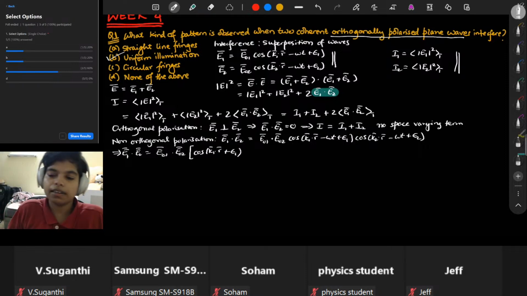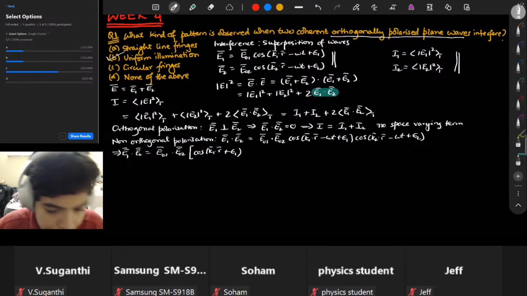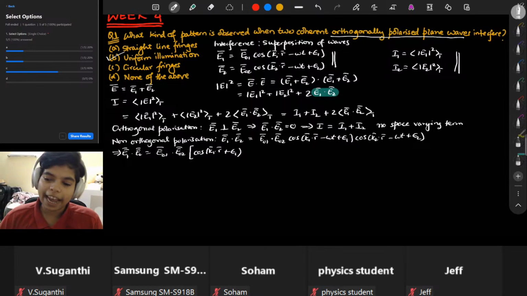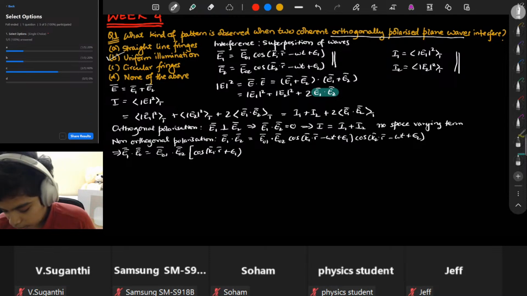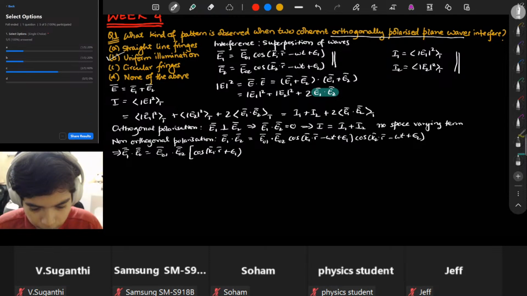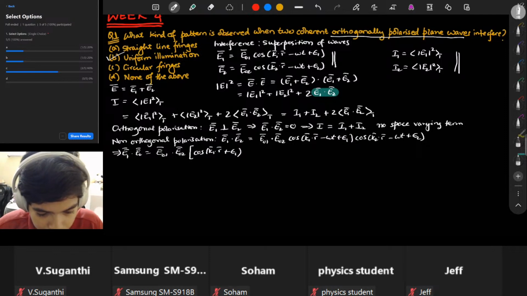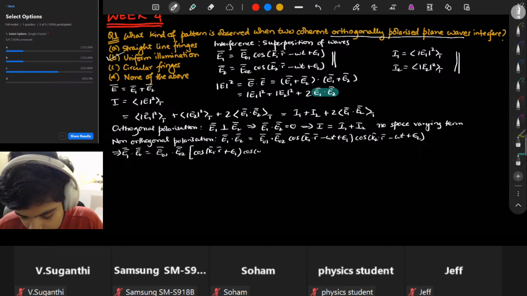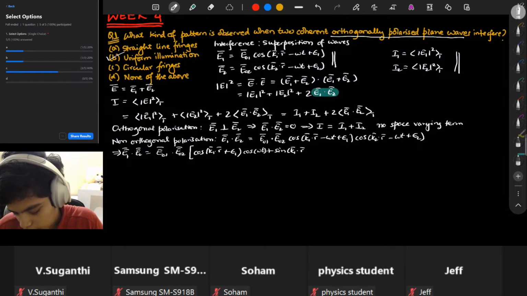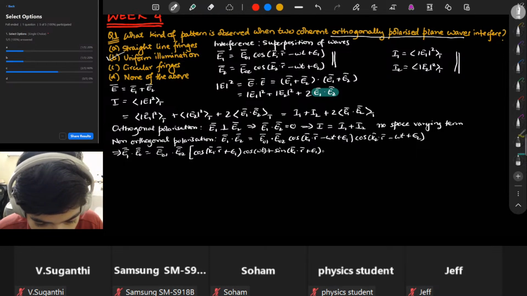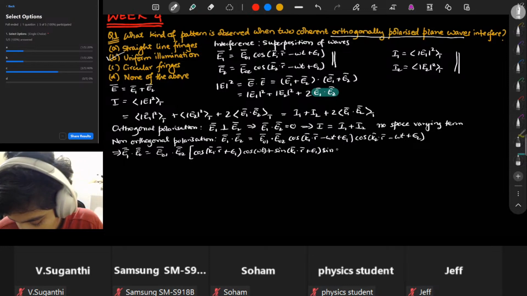I'm trying to separate the time part and the space part so that we can take the time average and see the variation over space. So cos K1 dot R plus epsilon 1 into cos omega t plus sine K1 dot R plus epsilon 1 into sine omega t. This is for the first term.